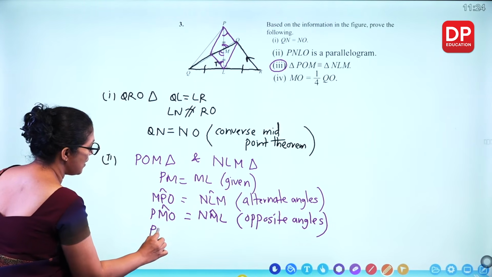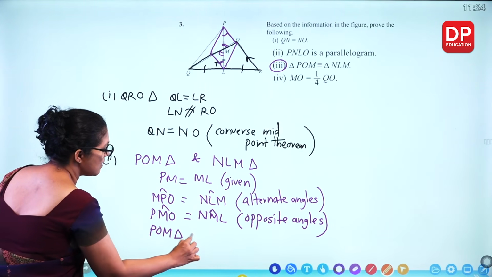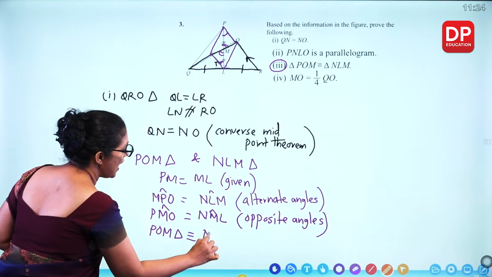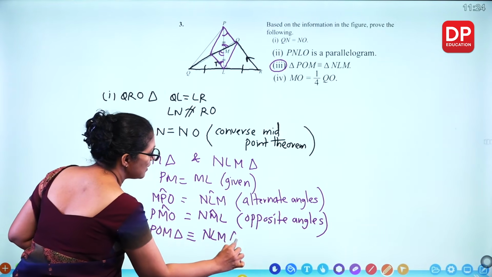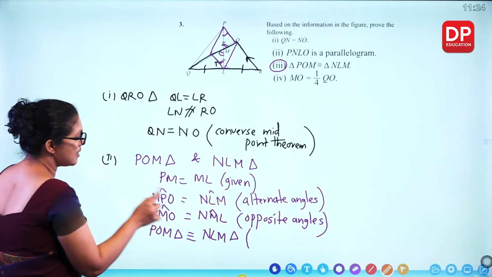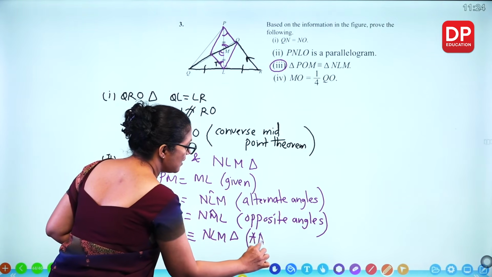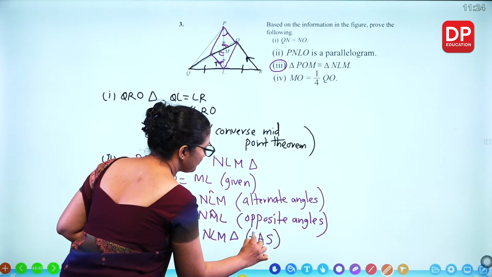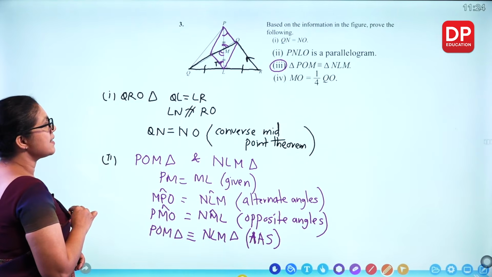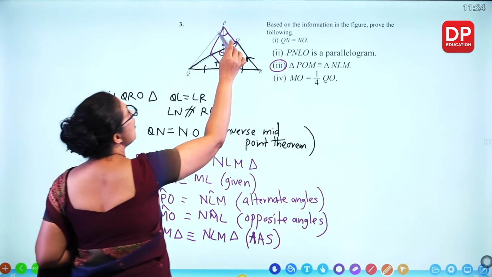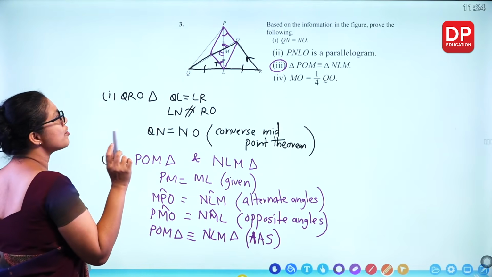So we can say POM triangle is congruent to NLM triangle. What's the case? Angle, angle, side. So we found out these two triangles are congruent.